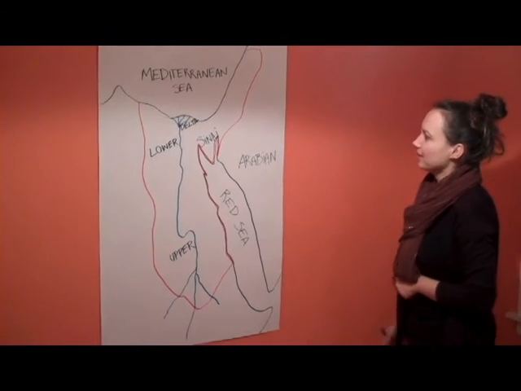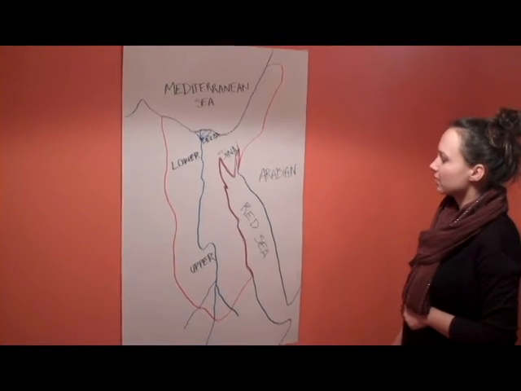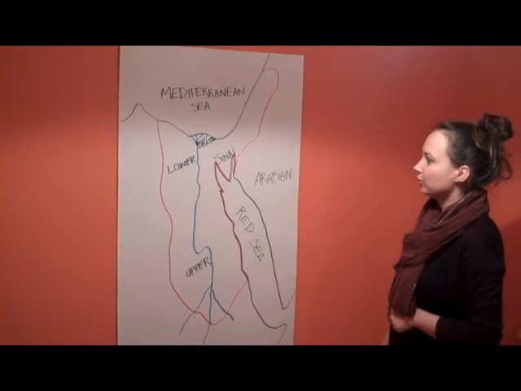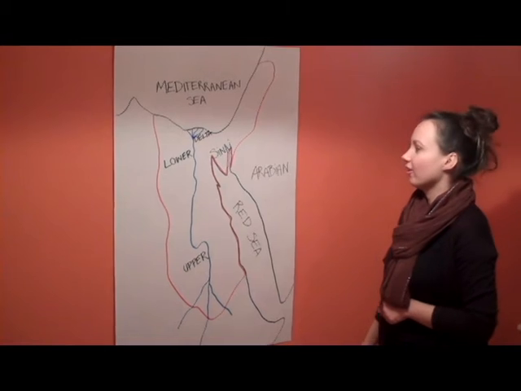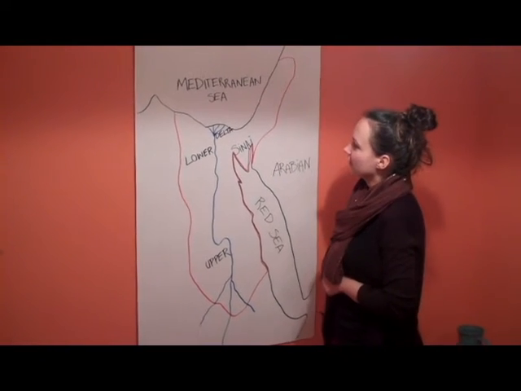So we have a pretty basic outline here of our region, but just to get a little more specific and include the cities that we've been studying along the Nile, we can go ahead and start filling them in.